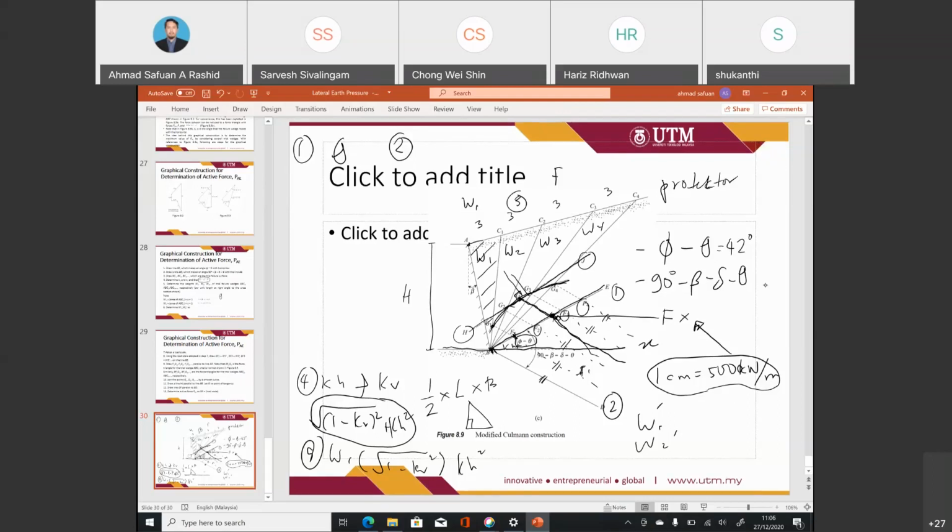What is the distance between B to F based on the scale? We multiply by the scaling factor, then we may get the value for the PAE. So that is how we use the Coulomb approach.